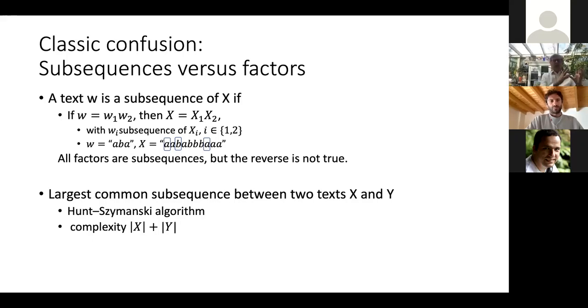So all factors are subsequences, but the reverse is not true. And in dynamic programming, there is a classic algorithm, the Hunt-Szymanski algorithm, which computes the longest common subsequence between two texts X and Y. All students have to work on it, so I'm not going to discuss it.